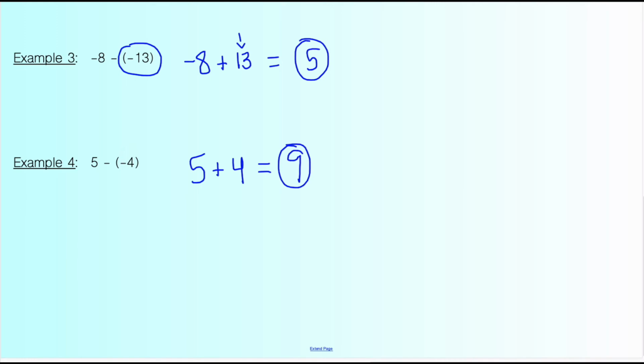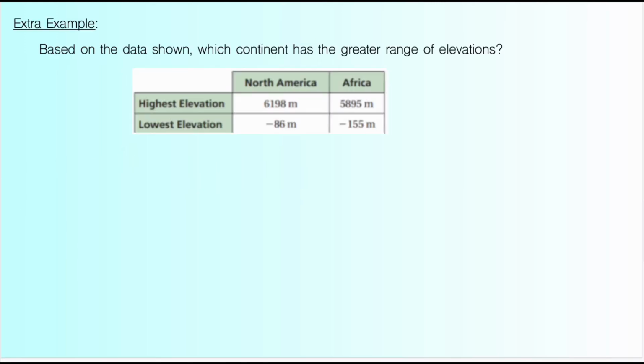Cool. So we're going to end today, very short lesson, with just an extra example. Try to put this in context. I've got some data shown in this chart. So North America, the continent that we live on, it has an elevation of 6,198 meters, and that is the highest elevation in North America.